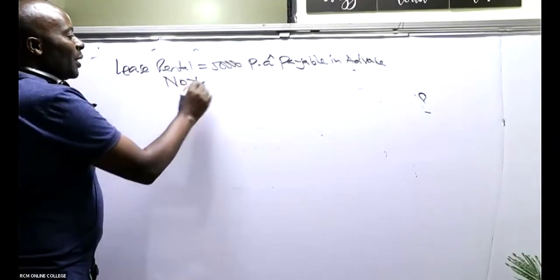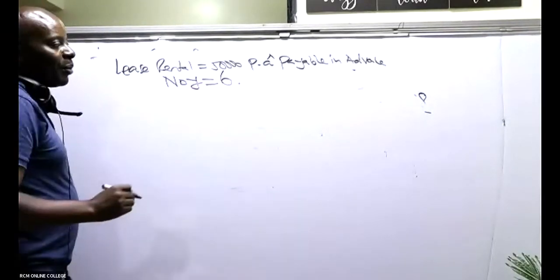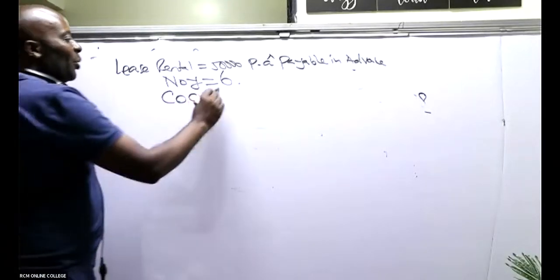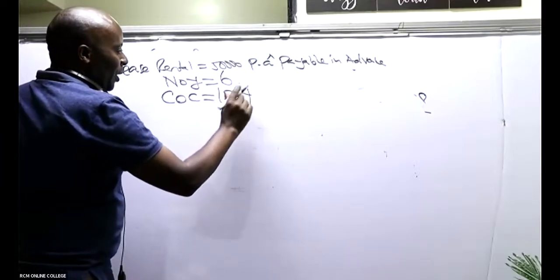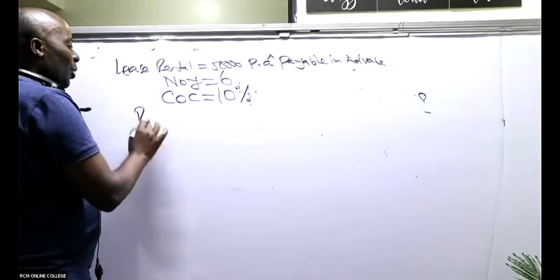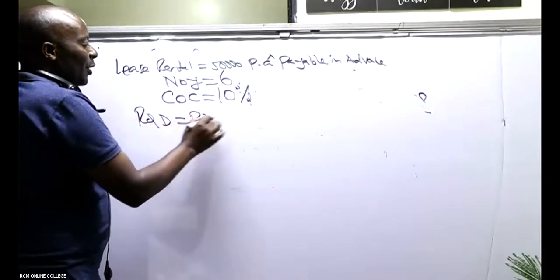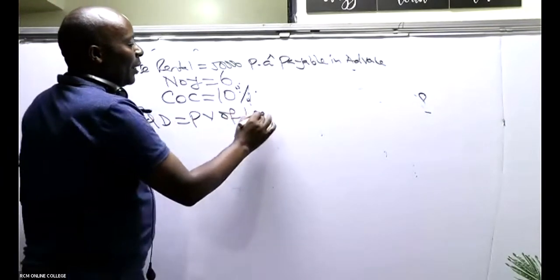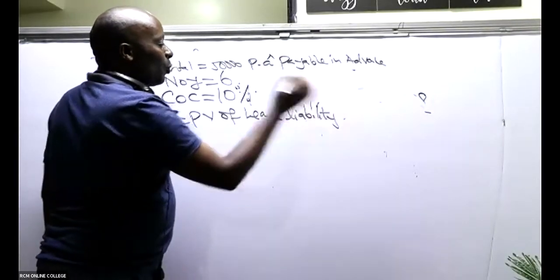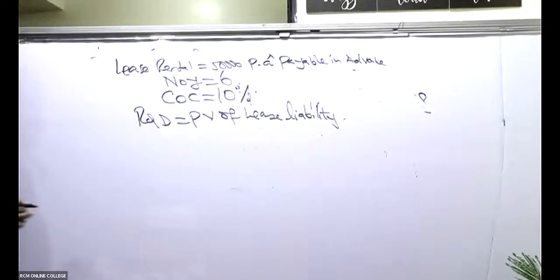Number of years is 6, for example. They'll come and give you the cost of capital, let's use 10%. And then, of course, you'll be required to give the present value of lease liability, or present value of lease rentals.